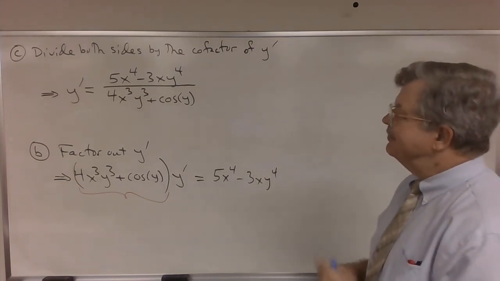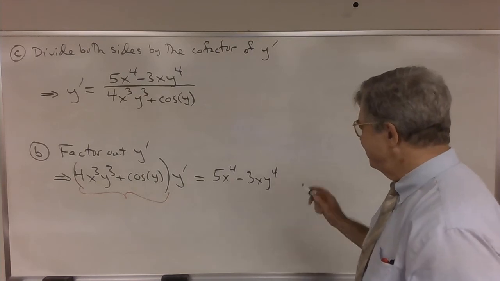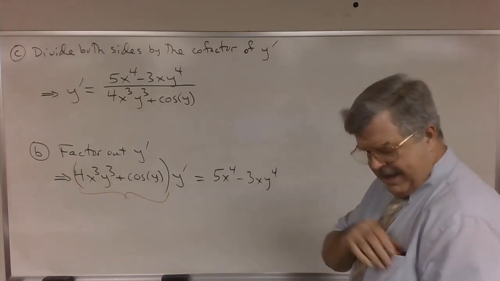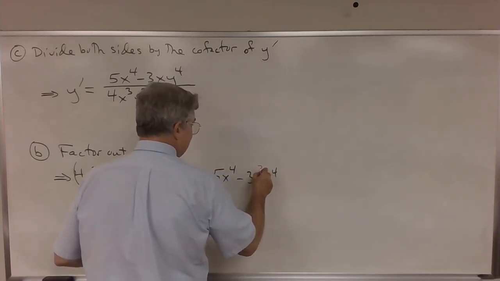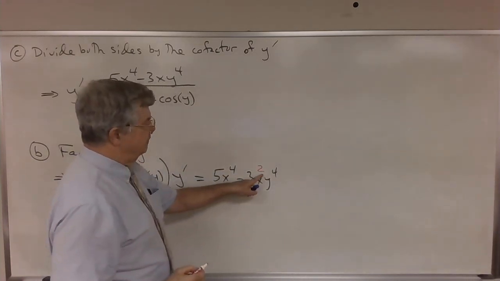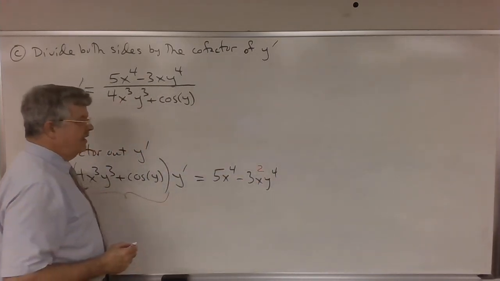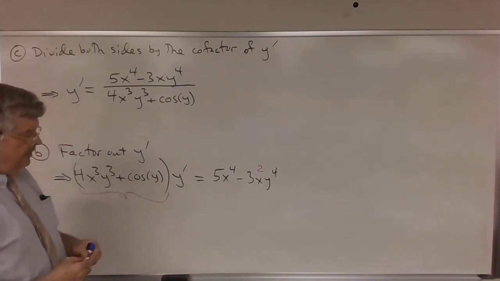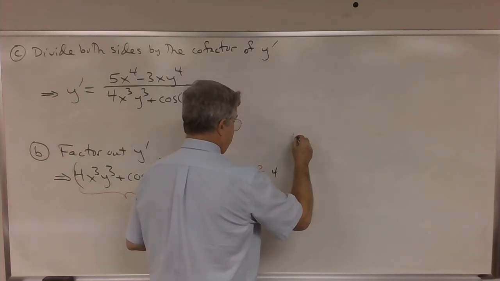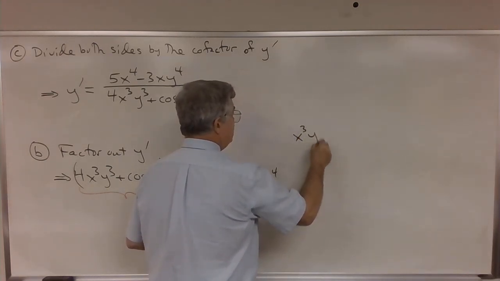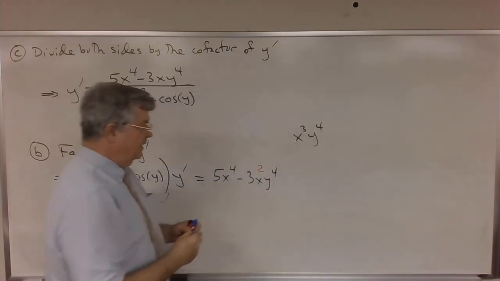Continuing on with this, I'm looking at this, and it seems almost certain that this should be x squared here. I suspect the original term was probably x cubed y to the fourth.